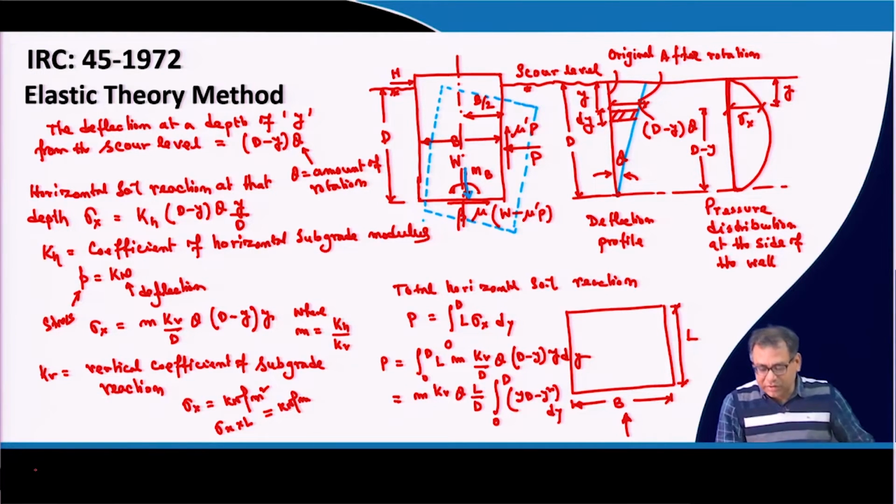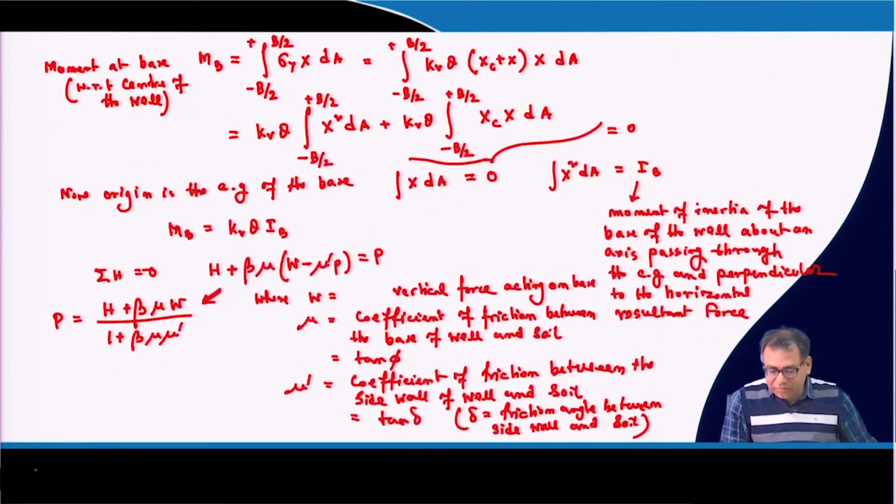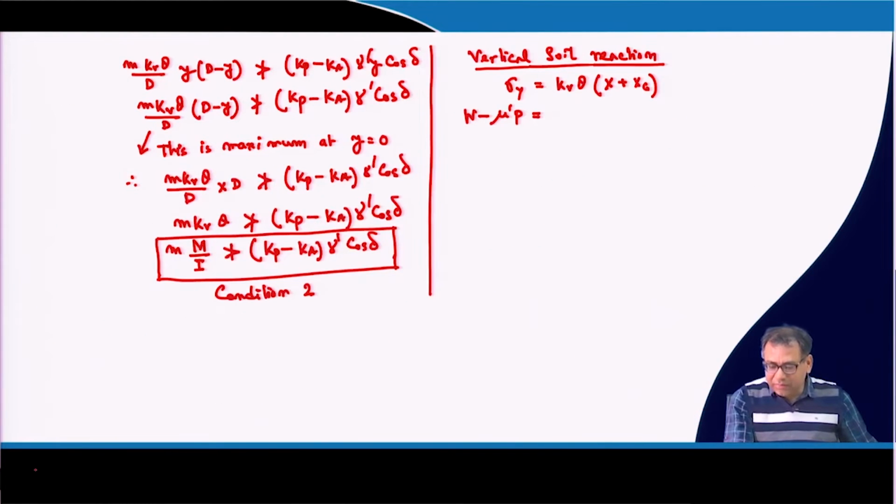Both are in opposite directions, so the vertical force is W minus mu dash p, and that should be equal to the summation of the soil reaction acting at the base of the well. The summation of the soil reaction will be the vertical stress sigma y, and if I integrate it over the area of the base of the well, I will get the total soil reaction.